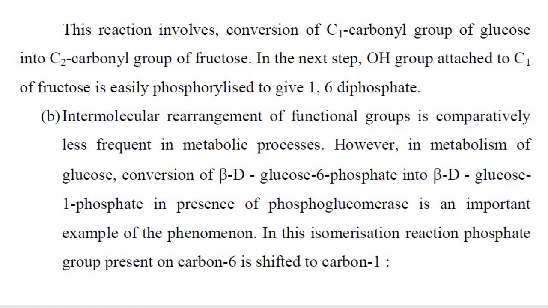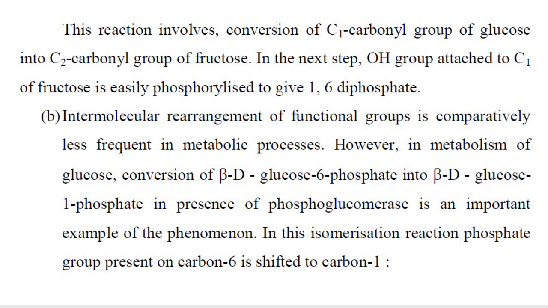Now, these reactions involve conversion of the C1 carbonyl group of glucose into the C2 carbonyl group of fructose. In the next step, the OH group attached to C1 of fructose is easily phosphorylated to give 1,6-diphosphate. You know, my friend, intramolecular reaction of functional groups is comparatively less frequent in metabolic processes.